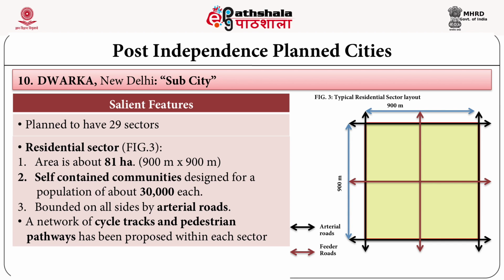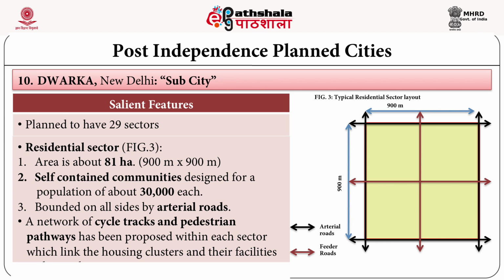These sectors were bounded on all sides by arterial roads, and a network of cycle tracks and pedestrian paths was proposed within each sector, which linked the housing clusters and their facilities. From this drawing, you can see the arterial roads, and then there are feeder roads which connect these sectors to the surrounding areas.